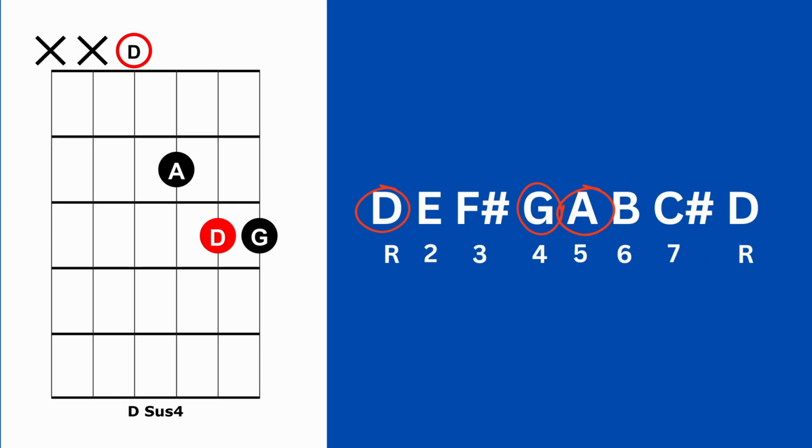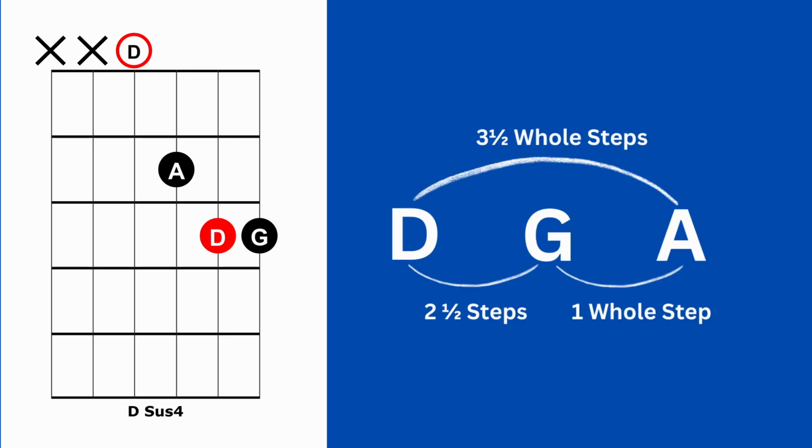Now, as for the sus4 chord, we have the root note, and instead of that 3rd, we use the 4th note of the scale, and then the 5th. So it's a D to a G to an A, and it's 2.5 steps from the root to the 4th, and it's 1 whole step from that 4th note to the 5th, and of course 3.5 steps from the root note to the 5th.